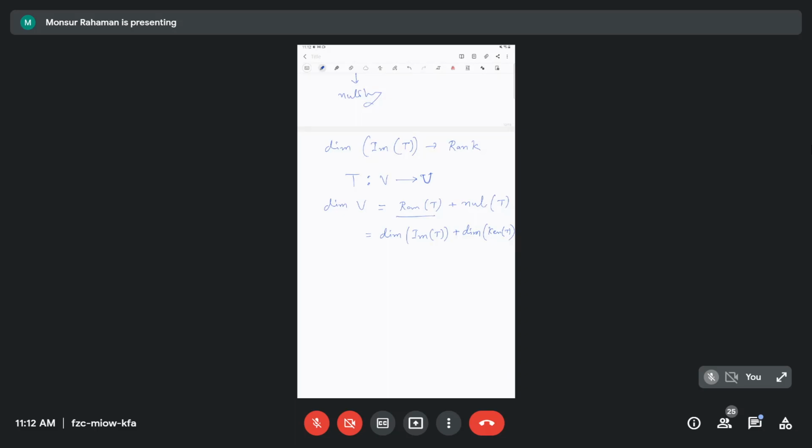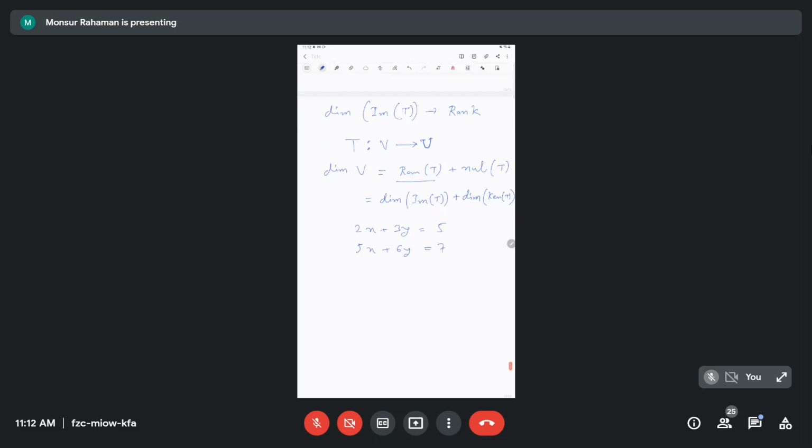So what does this equation tell us? Suppose any system of equations is of this type, say 2x plus 3y equals 5 and 5x plus 6y equals 7. So this is the matrix [2 3; 5 6] times (x, y) equals (5, 7).